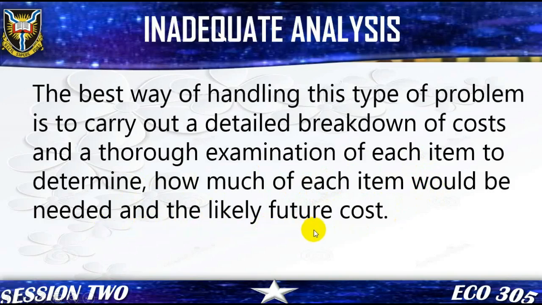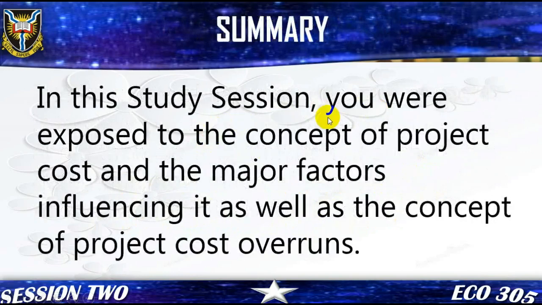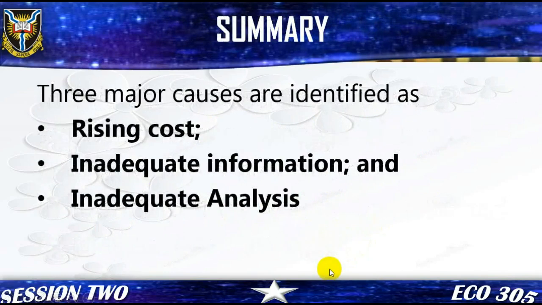Summary. In this study session, we were exposed to the concept of project cost and the major factors influencing it. The concept of project cost overrun was also discussed. It has become a common occurrence to observe the completion cost of any typical project to be higher than the project cost estimate.